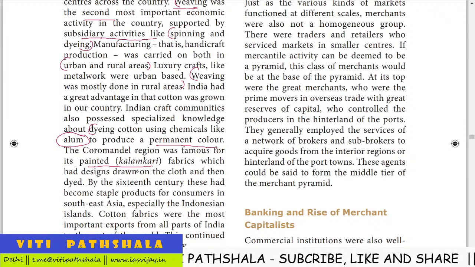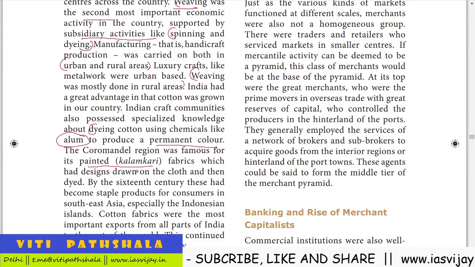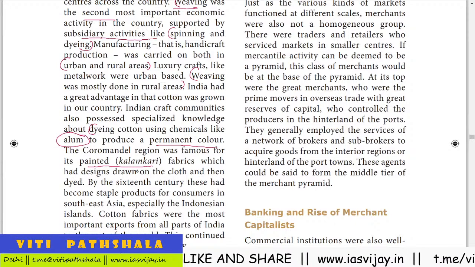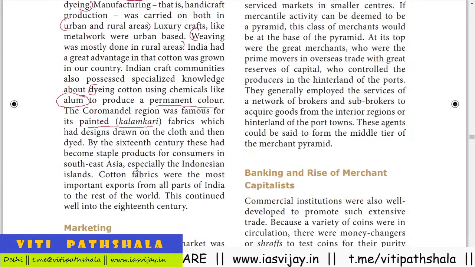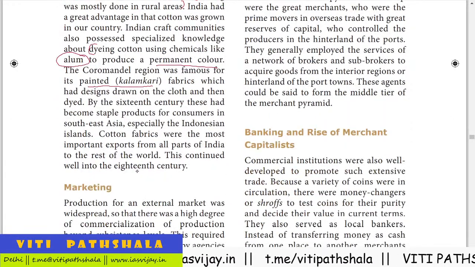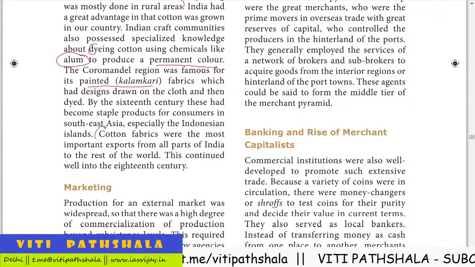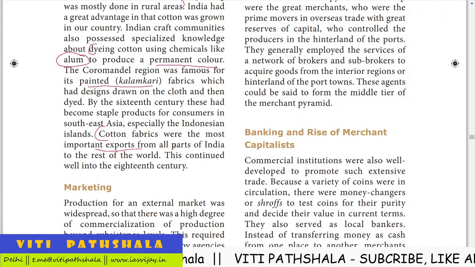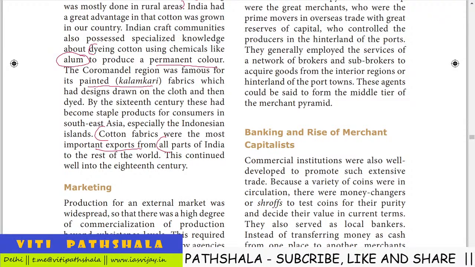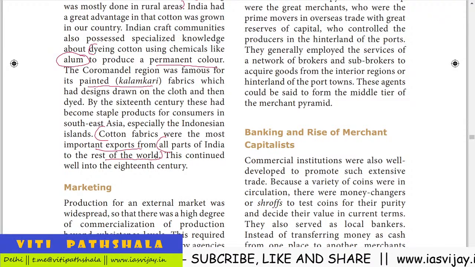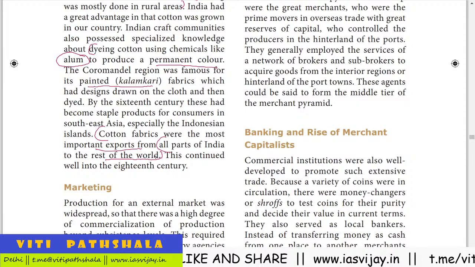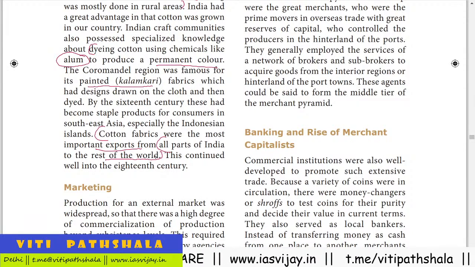By the 16th century, these had become the staple products for the consumers in Southeast Asia, especially the Indonesian islands. The cotton fabrics were the most important exports from all parts of India to the rest of the world. Now this continued well into the 18th century also.